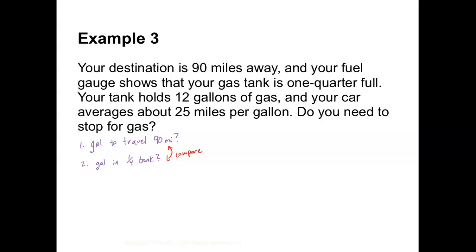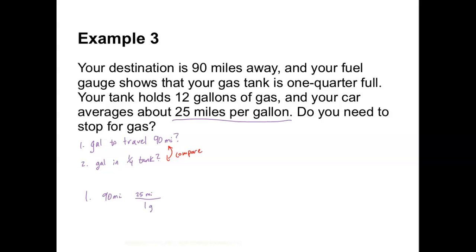All right, so let's do this. In both cases, we want to end up in gallons. So in case one, we're given that we need to drive 90 miles. The other piece of pertinent information is our fuel efficiency. We get about 25 miles per gallon.